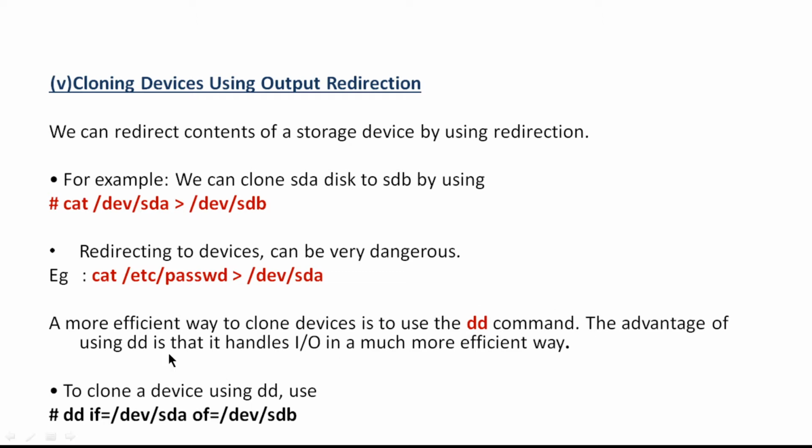Now this dd command is used whenever you want to clone any of these devices. So instead of using the cat command, I can use the dd command. So to clone a device, you can use dd. The syntax is dd if=/dev/sda of=/dev/sdb. IF defines that it is an input device, and OF defines that it is an output device.